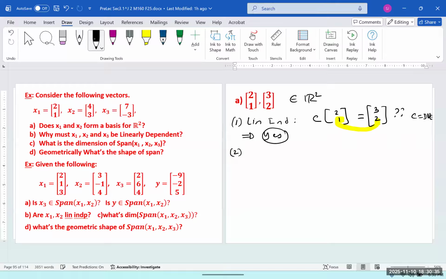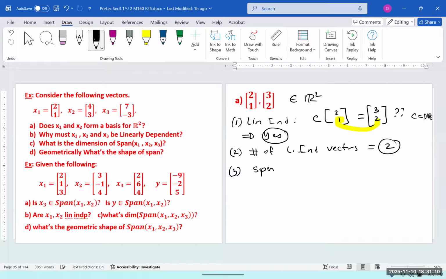The next question asks, how many linearly independent vectors do we have? 2. We have 2 vectors and they're linearly independent. So the number of linearly independent vectors is 2. Now question 3 says, do they span the entire R2?